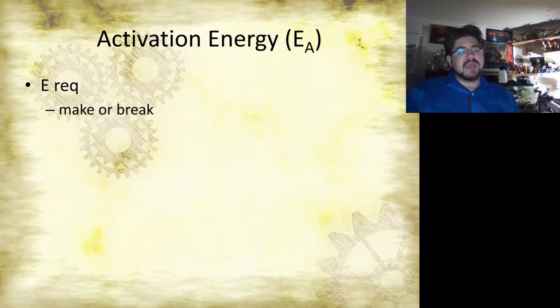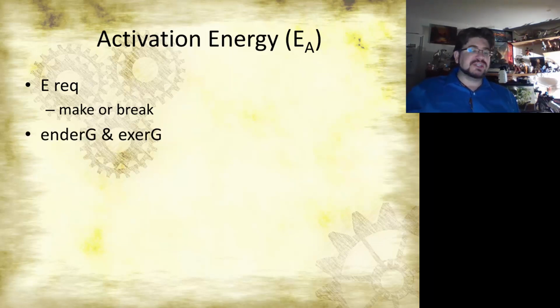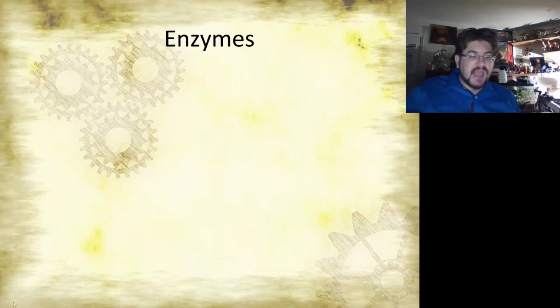Energy required to make or break a chemical bond. So, activation energy is present whether it's an endergonic reaction or an exergonic reaction. They all have an activation energy, right? And the activation energy controls how often these reactions are going to occur.